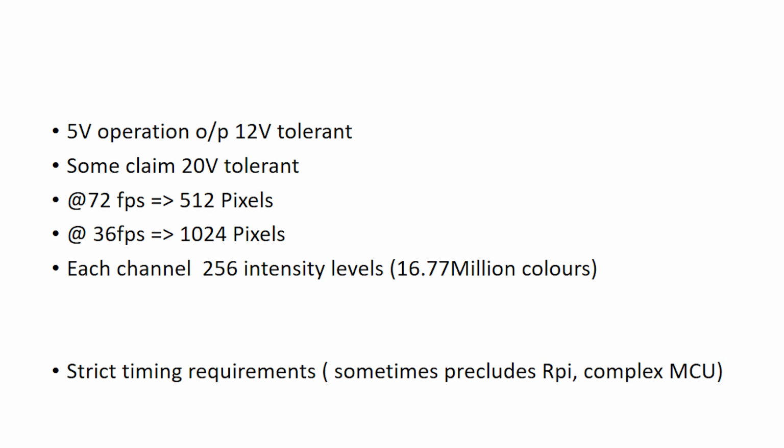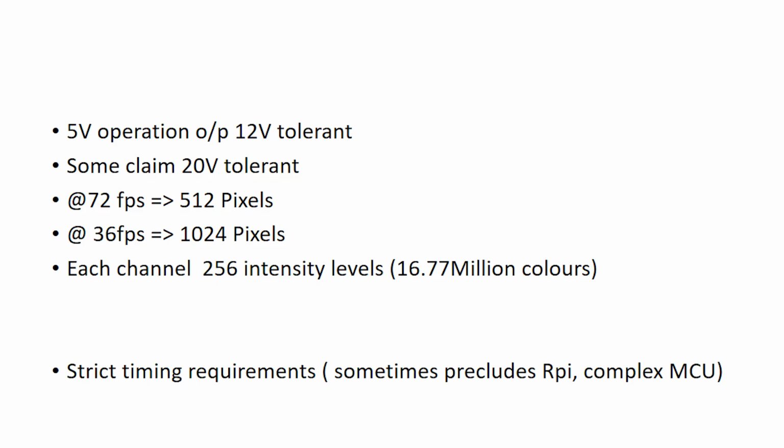If you've got the 2 speeds, one speed's 72 frames per second, which means they can update 72 times per second. And you can drive 512 pixels that way. Or you can slow it down to 36 frames per second. Now 36 frames per second is still out with your persistence of vision.